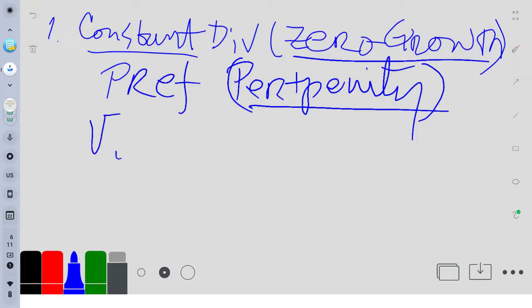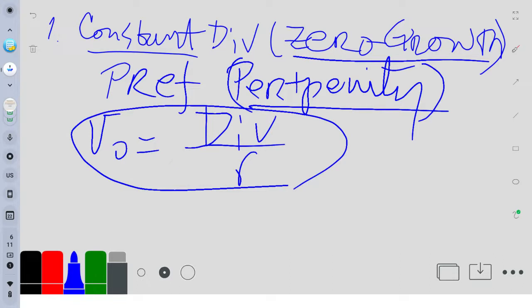And the formula is dividend over R. If we had more time, I would like to explain how this formula has been derived, but we don't have time for that. Basically, think about it: the dividend is constant, so there is no need for any time subscript, because dividend at time t will be the same as dividend at time t plus 1, t plus 2, t plus 3.